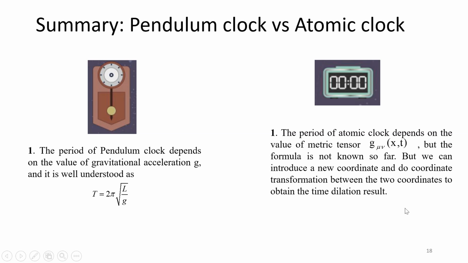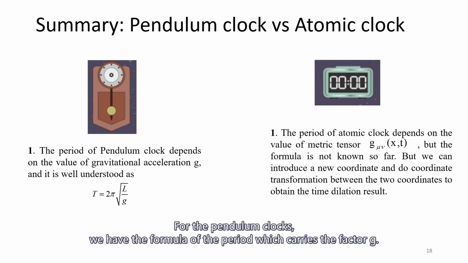But we can introduce a new coordinate and do coordinate transformation between the two coordinates to obtain the time dilation result. So here is the motivation. For the pendulum clocks, we have the formula of the period which carries the factor g.